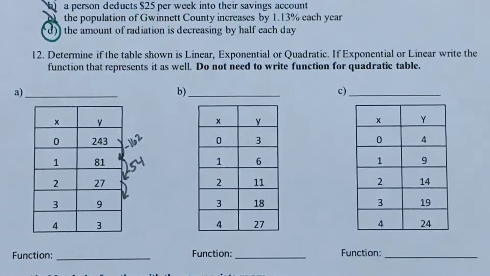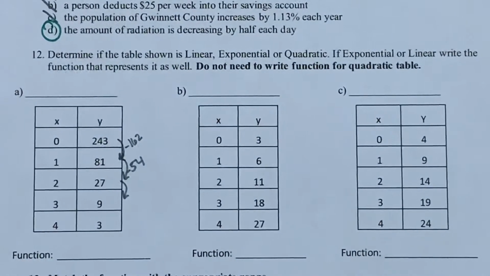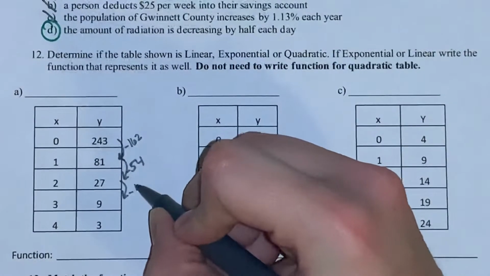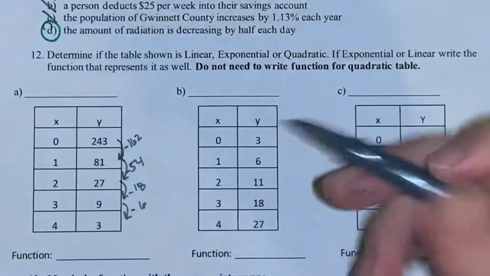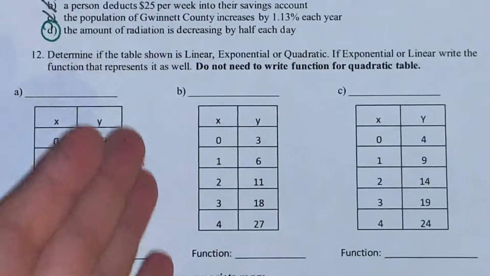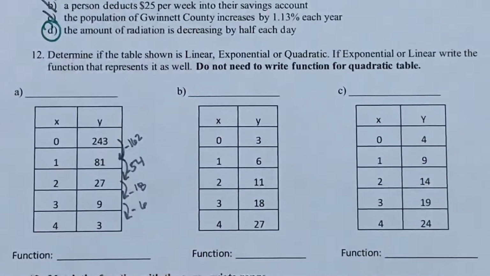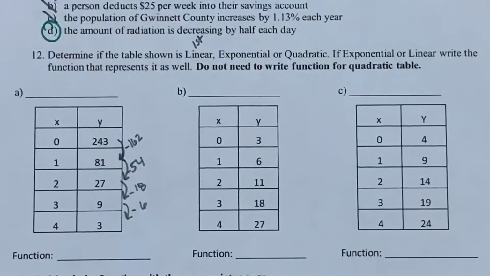From 27 to 9 is 27 minus 9, minus 18, and then 9 to 3 is minus 6. So in finding the first differences, I can definitely tell they're not the same, so I can eliminate linear. Linear is the first difference, so the first difference would be linear.